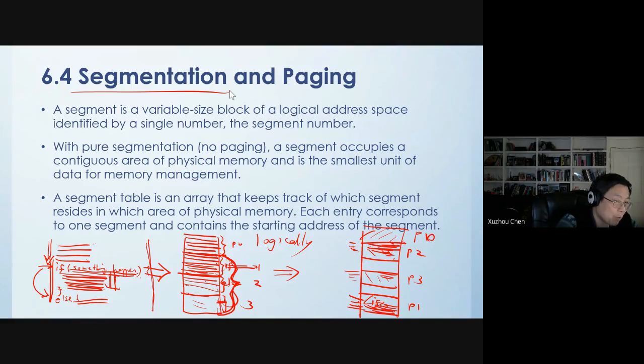Say, here's the main program, so I should put all the main program in one piece. Here's my data. Here's the function I want to call, so I want to put the function in the same location. So they're going to logically partition the program.